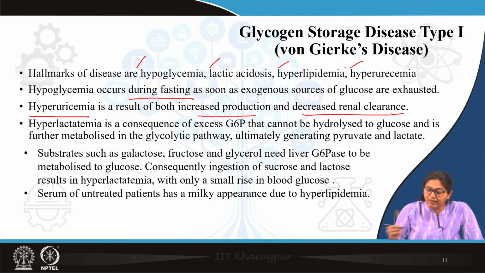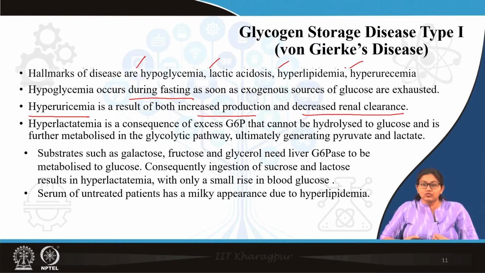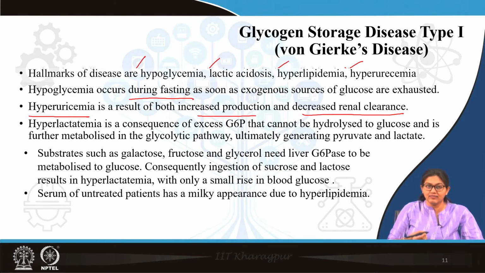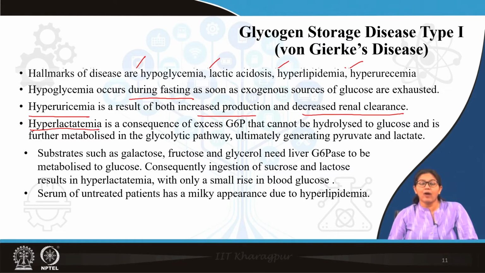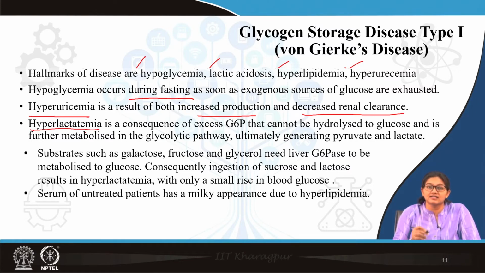Remember, when uric acid level is increased, the manifestation is gout. Then lactic acidosis, which is due to excess production of lactic acid in the system, and that is hyperlactatemia. Why? Once again, it is the consequence of excess glucose 6-phosphate accumulation.